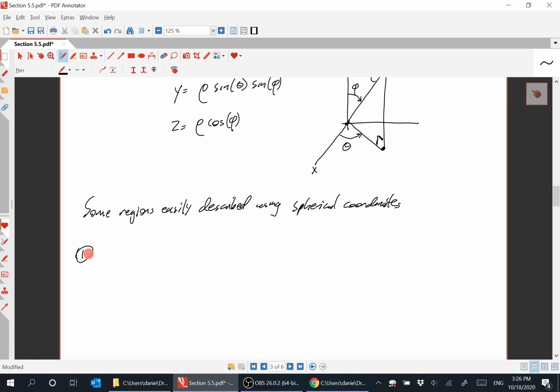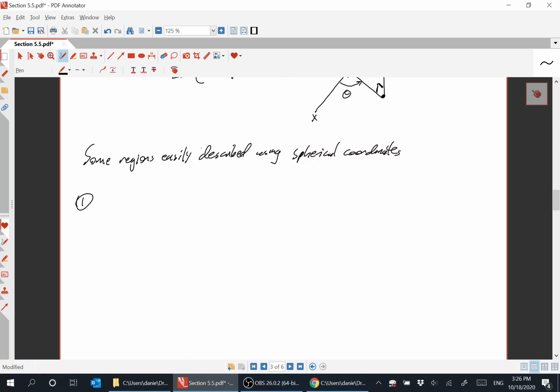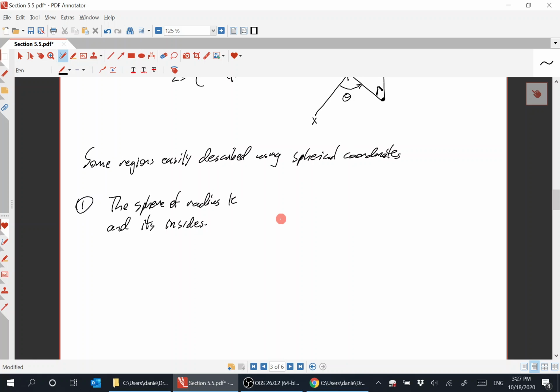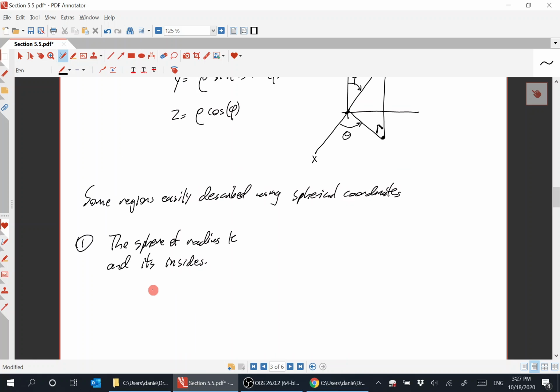One, the sphere of radius k and its insides. This is 0 less than or equal to rho less than or equal to k. The sphere of radius k centered at the origin and its insides, of course.